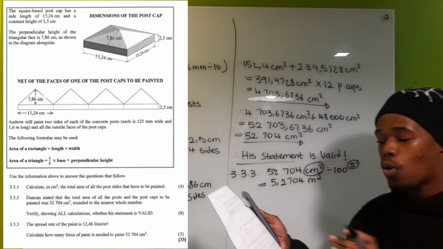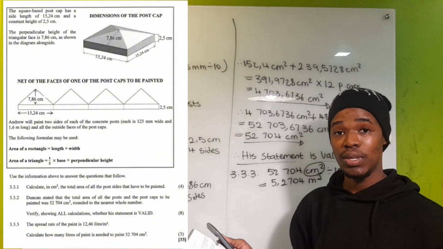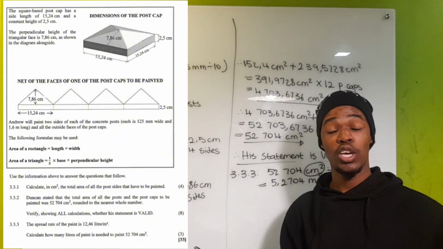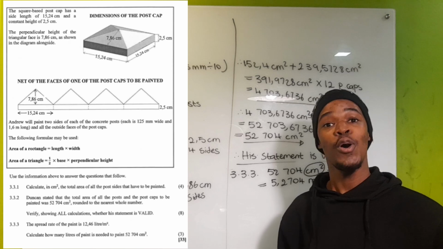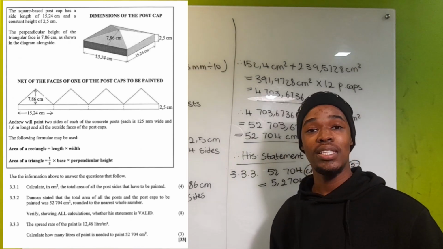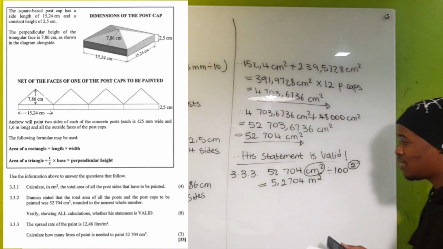So now we have our paint in meters squared, and this means that we can now use that information, and we can use the cross multiplication method, because all our dimensions are in meters squared now. All our dimensions are the same.